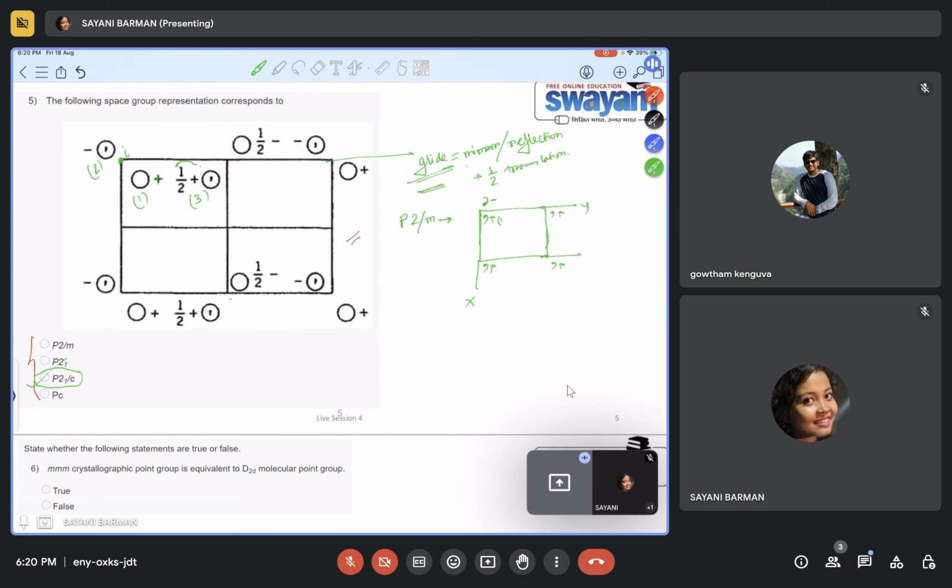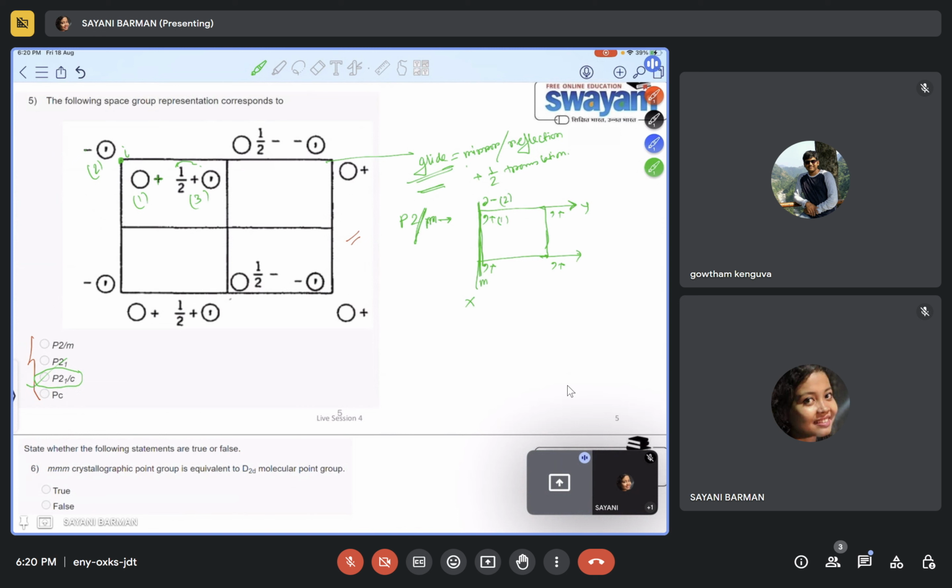So if this is number 1 point, this is number 2 point. Now the slash m means the mirror is perpendicular, right? Okay, let's turn this around. Let's say the twofold is along the y-axis, then we can say these are the m planes, the mirror planes.